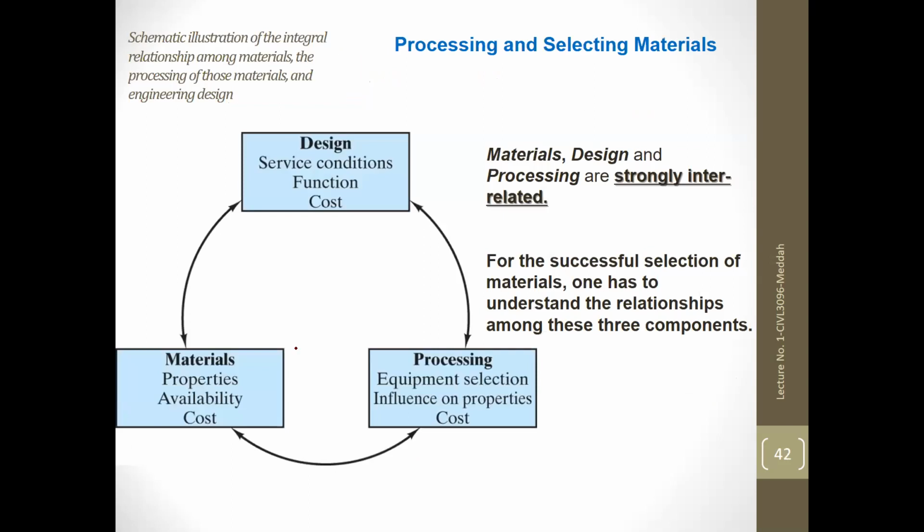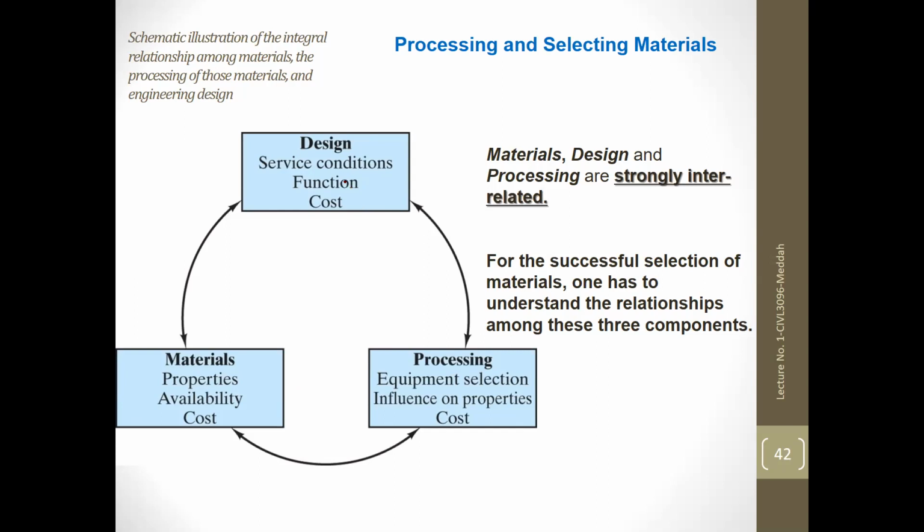So overall, we can say that the three parameters here, design, materials, and processing, are interrelated and interconnected. Each one affects the others. If you change the processing, the design of the material will change.